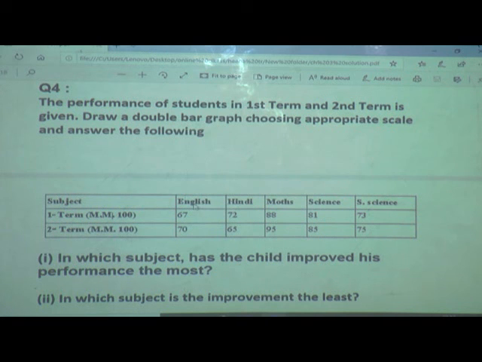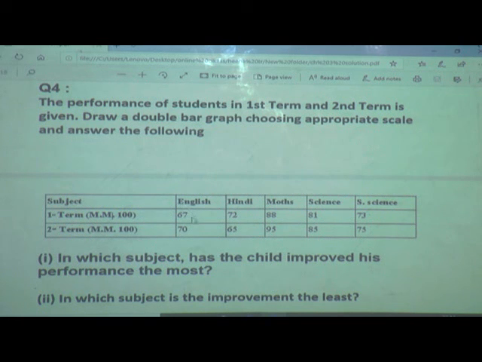Here data is given to us. The subjects are English, Hindi, Maths, Science and Social Science. Term 1 and term 2, each out of maximum marks. MM is nothing but maximum marks, 100.